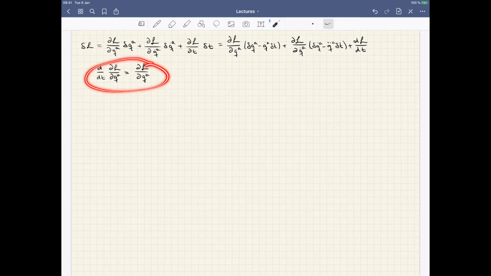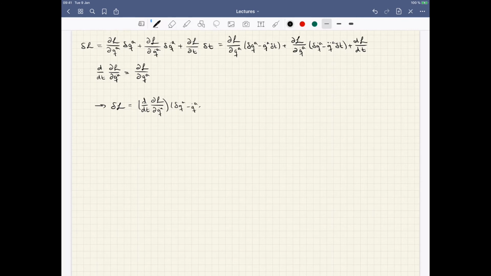So if we take this expression and insert it here for the derivative of L with respect to q, this is going to mean that we end up with delta L equal to d/dt acting on dL/dq dot^a times (delta q^a minus q dot^a delta t), plus dL/dq dot^a multiplied by d/dt of (delta q^a minus q dot^a delta t).